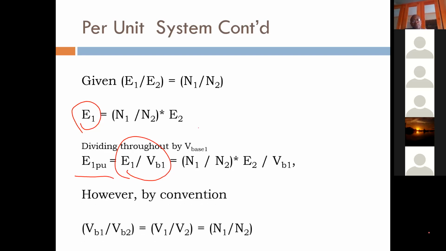So by convention, VB1 over VB2 is equal to V1 over V2, which is equal to N1 over N2.